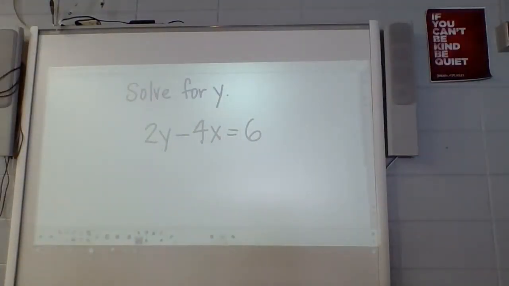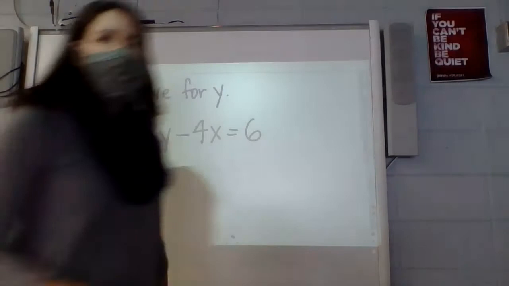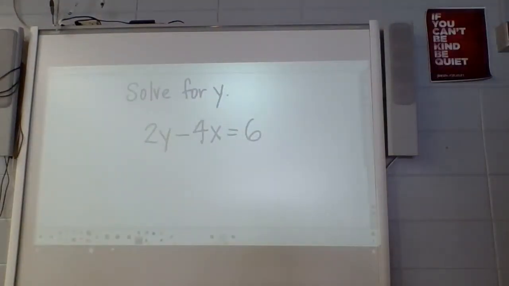This one works out to be pretty nice in terms of the numbers, so hopefully. Yeah, no, you're good. You have to move it forward and then divide by 2. Yes. So that's the second step. Yep, good work.